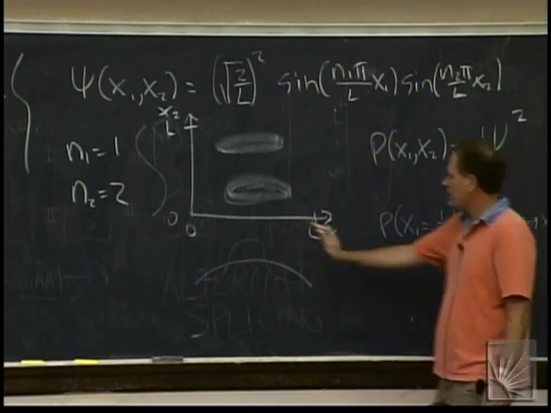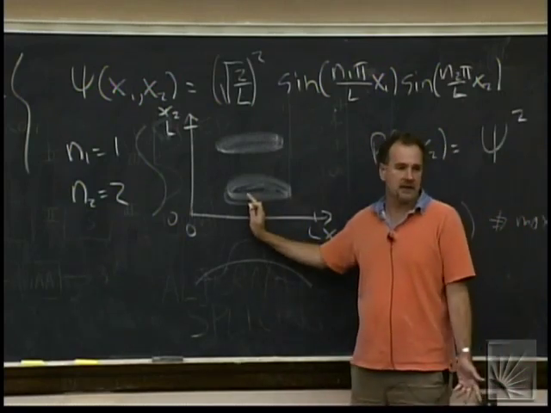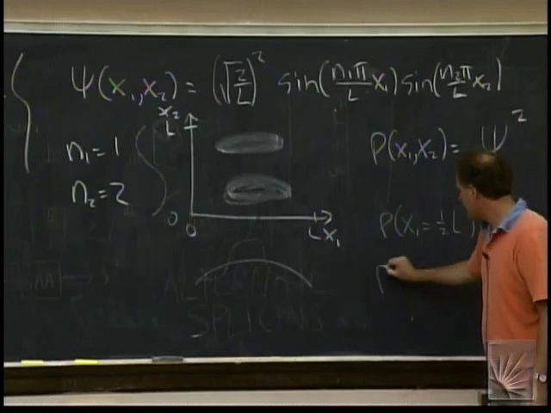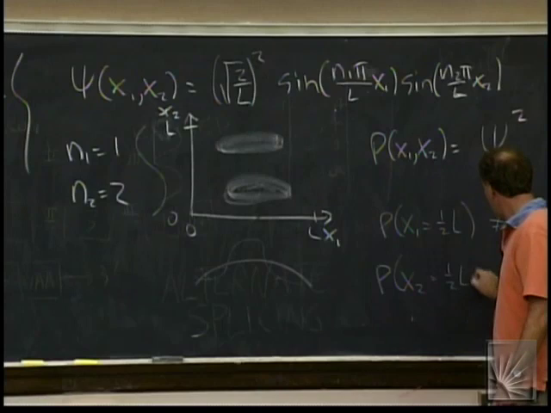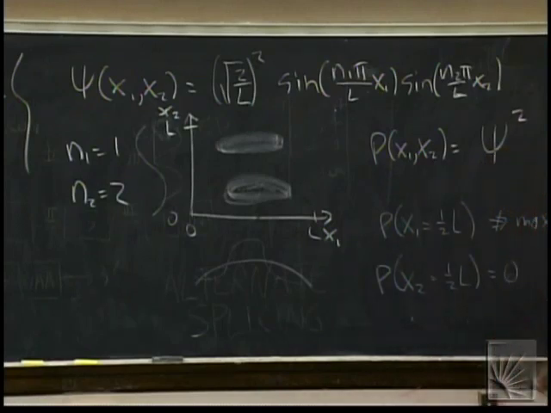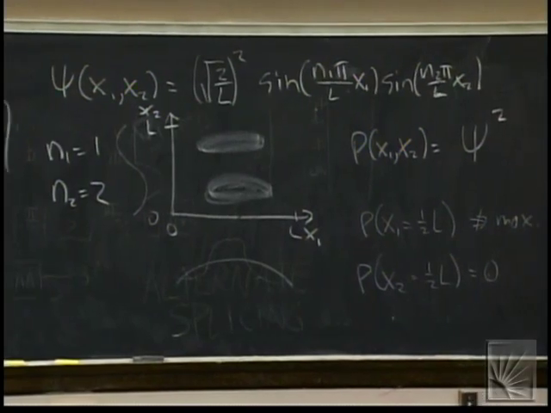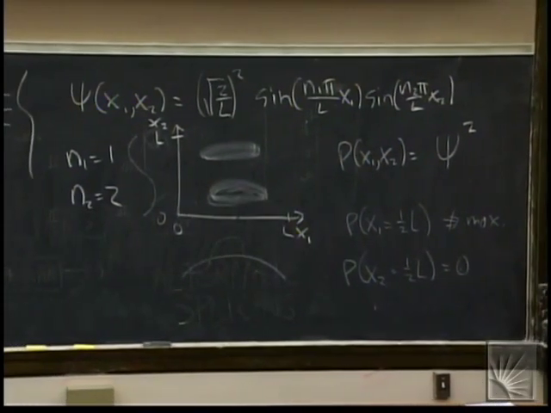That's the most likely position for particle 1, in the middle. Notice that the probability that x2 is in the middle is 0. This is nothing special. This is exactly the features we had for the particle in a box. But it's just sort of a combined thing. Okay? Straightforward?